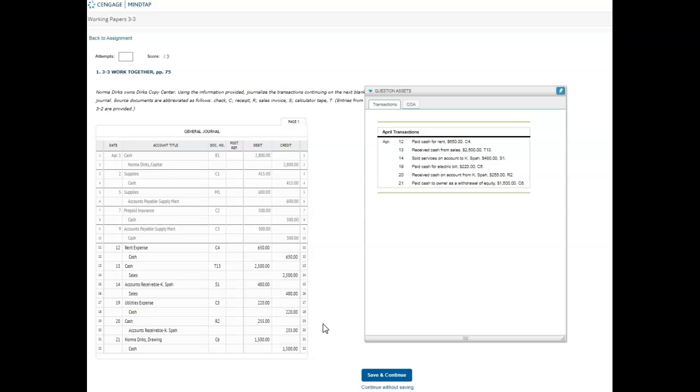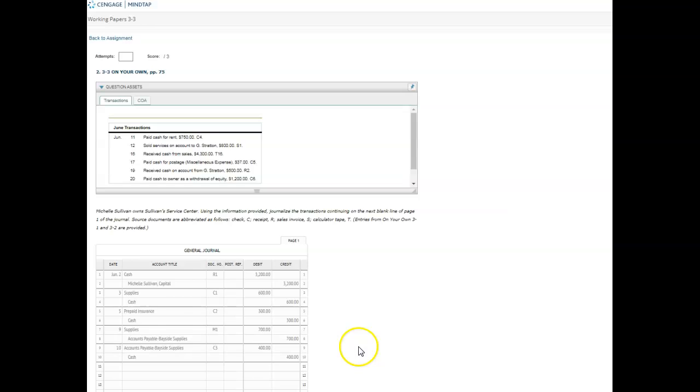So pause the video and take a picture. Now, if you're happy with what you've done, remember to hit save and continue. It will automatically take you to 3-3 on your own.